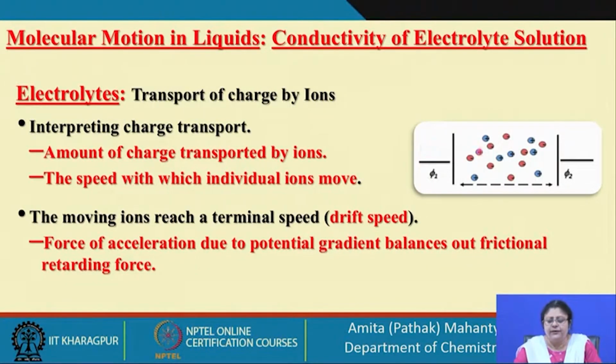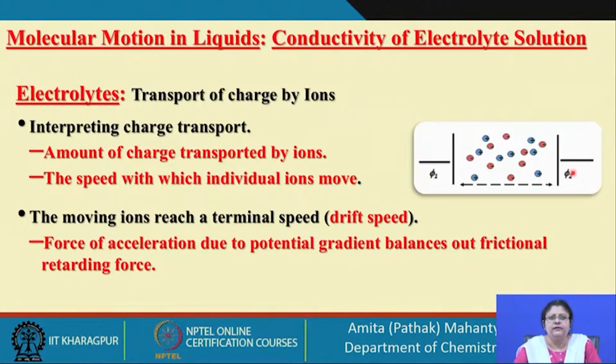If I have a potential difference applied across the two electrodes in an electrolyte, this phi 1 is one electrode potential, and this is another electrode potential. The difference between the two is the potential difference across the two electrodes. Then, what is the speed with which the ions in the solution are moving?